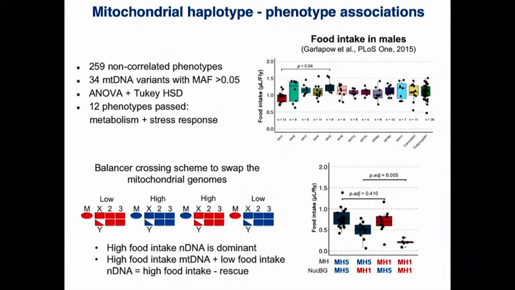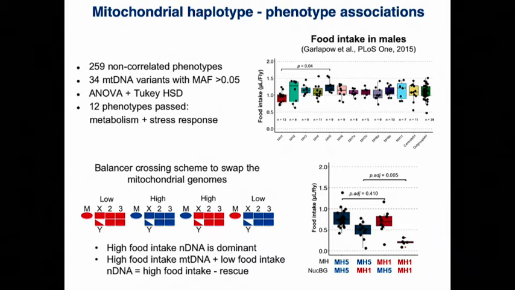Interestingly, when we swapped the mitochondrial genome into a high-feeding nuclear background, then we saw very little change, okay? But perhaps most interesting, when you swap the mitochondrial haplotype 5 into a low-feeding nuclear background, then all of a sudden we saw a significant increase in the overall food intake of those respective flies, okay?